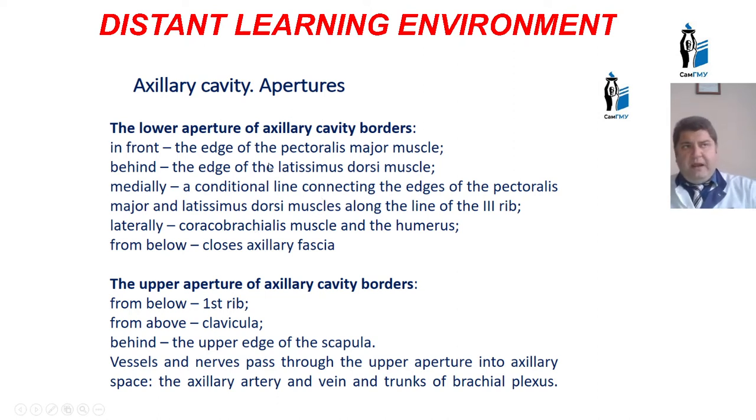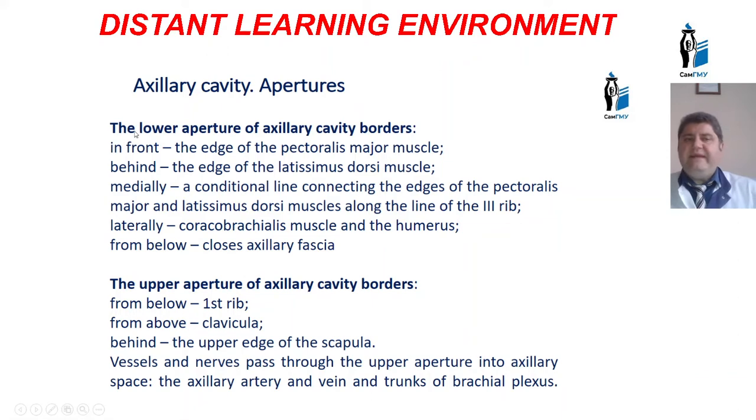So if we delete the fatty tissue, branches of the axillary artery, also the axillary artery and vein, and nerves of the brachial plexus from the axillary fossa, we show the axillary cavity, a muscular fibrous formation laterally of our body, and so we can see the borders of this region.